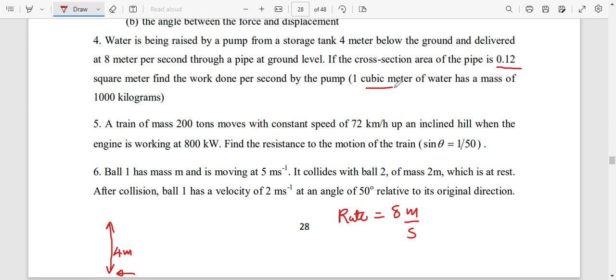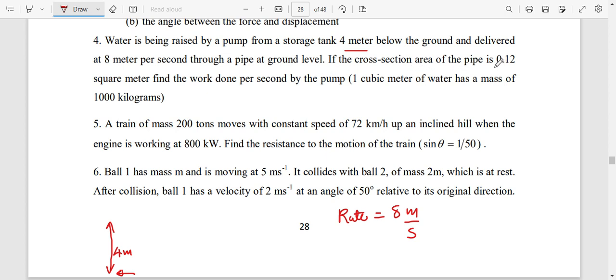We've also been told that 1 cubic meter of water has a mass of 1000 kg. Now, from what we have, it is coming from a height of 4 meters, delivered at a rate of 8 meters per second through a pipe at ground level.